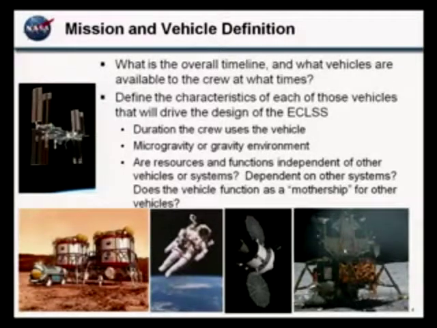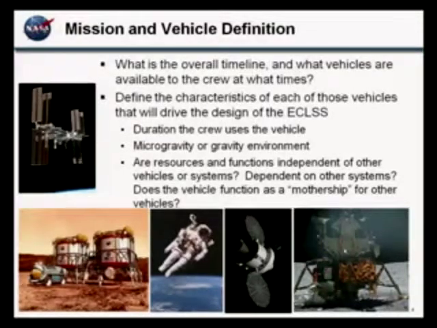Everything to keep that person alive is contained there. So really a spacesuit counts as a vehicle in a lot of ways. But there you have that ultra short duration. And then we have intermediate durations. So hours, days, weeks, years, generations, those are all really significant differences in the class of life support system that you're going to select.